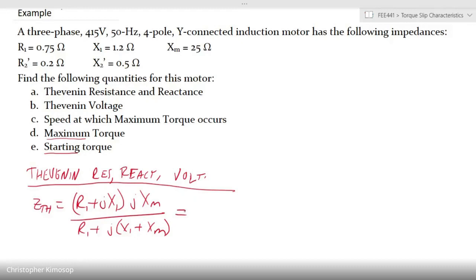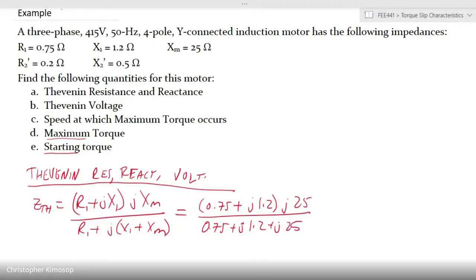And what are these values for us here? R1 is 0.75, X1 is 1.2, XM is 25. R1 again 0.75 plus j1.2 plus j25.